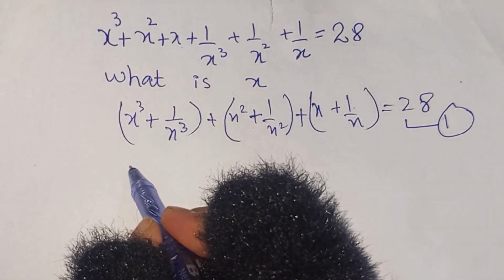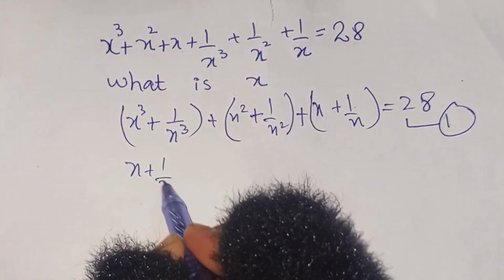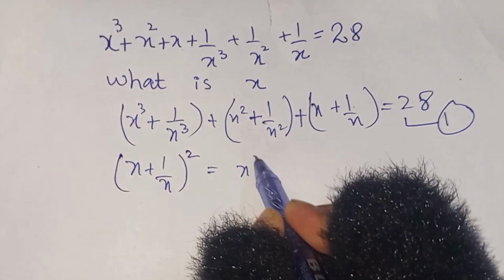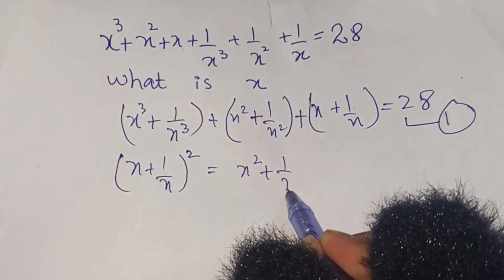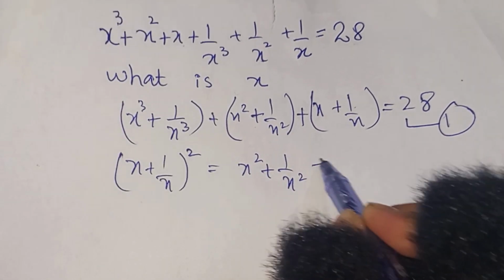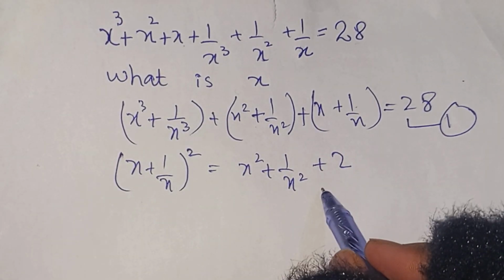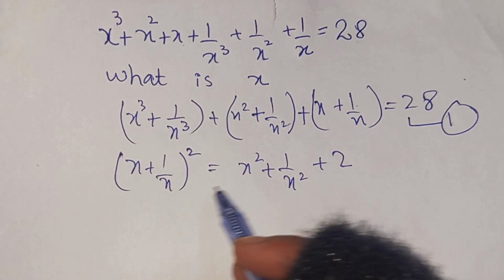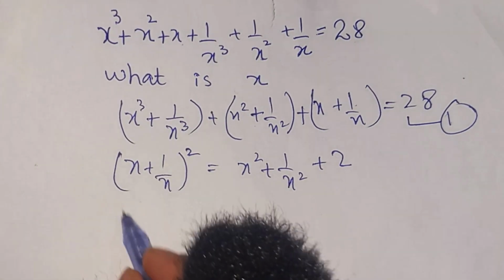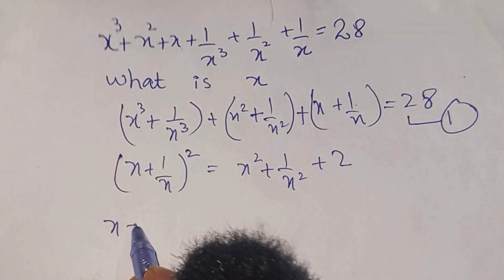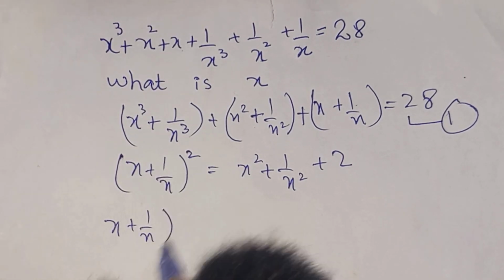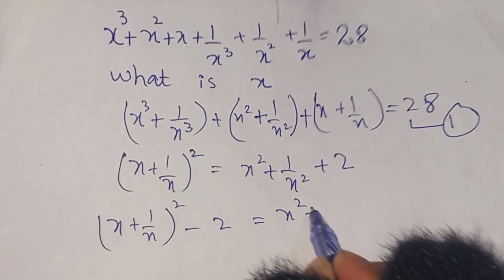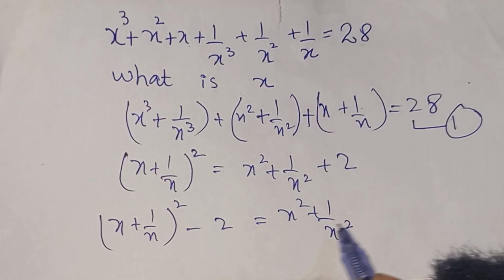Now we know that (x + 1/x)² is equal to x² + 1/x² + 2. In the next step, if we subtract 2 on both sides, this becomes (x + 1/x)² − 2 = x² + 1/x².